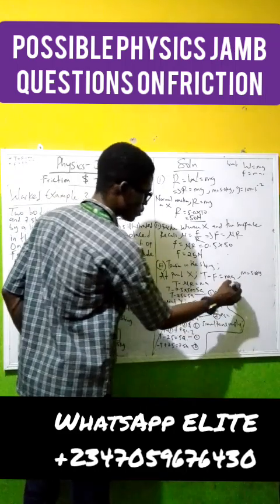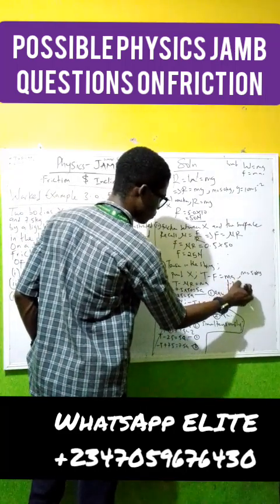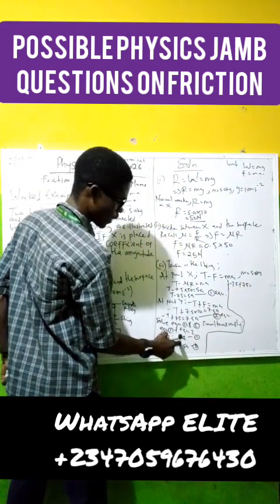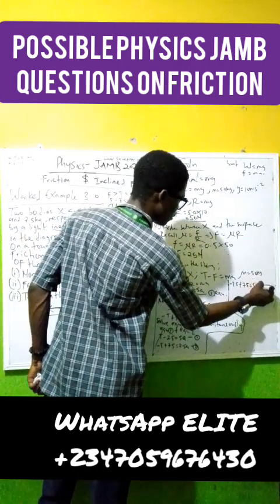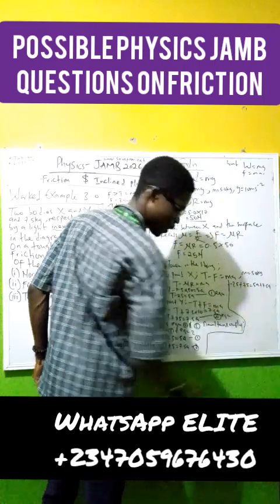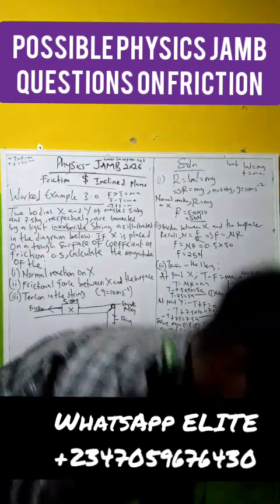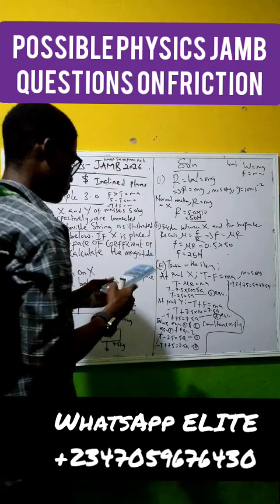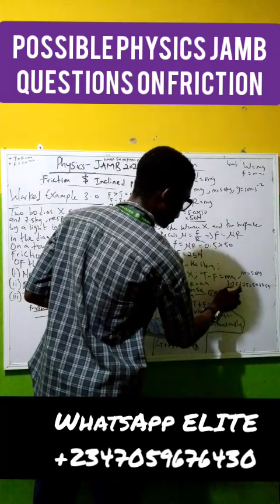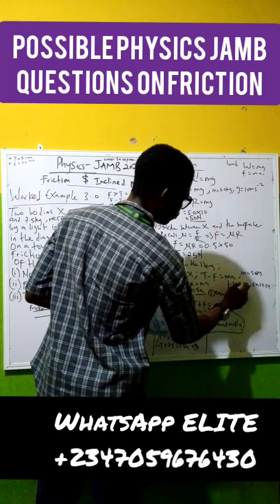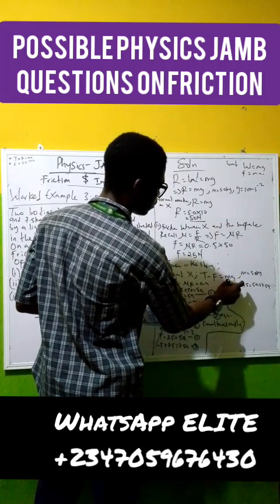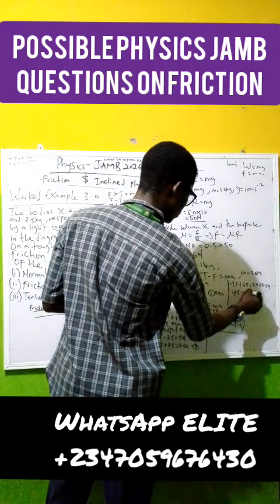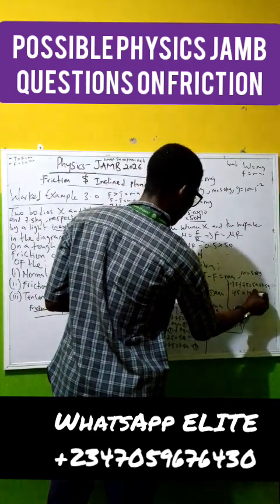So we have minus 25 plus 75 equals 5A plus 7.5A. So let's get our calculator ready.